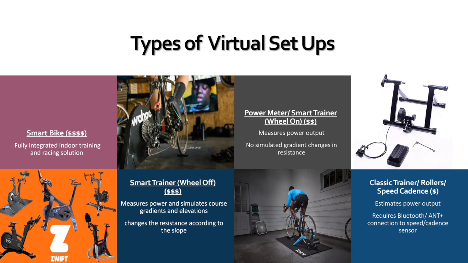It is a wonderful tool to utilize, particularly for training, as you utilize a smart trainer, so that you can ensure that the different types of riding styles, you're getting them in and not just spinning your pedals, which is what you get with the next option, which is either a power meter or a smart trainer with the wheel on. And if you can see in the picture, they have their bicycle as is, the wheel is still on, and it is rolling and touching a surface on the trainer that captures the power and transmits that to the computer or smartphone or tablet that you're utilizing Zwift on.